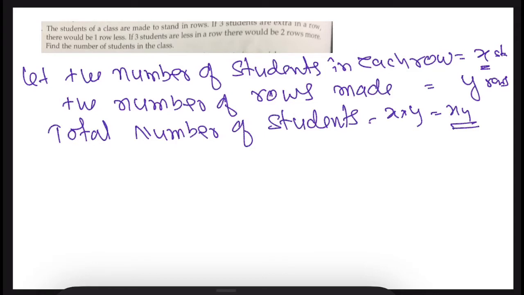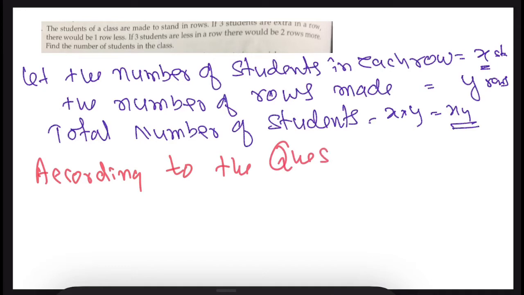Now according to the question, the first case, what is it saying?